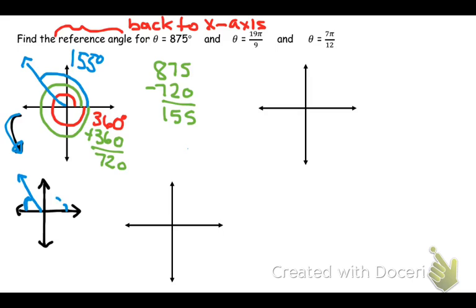So if we know this is 90 degrees, and then 155 minus 90 meant that we had to go another 65 degrees, and we know that this is equal to 90 degrees. 90 minus 65 gets us to 25 degrees.